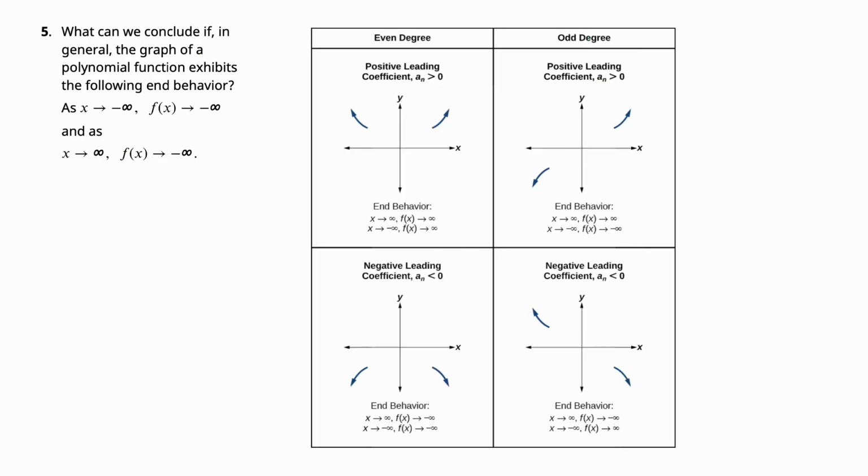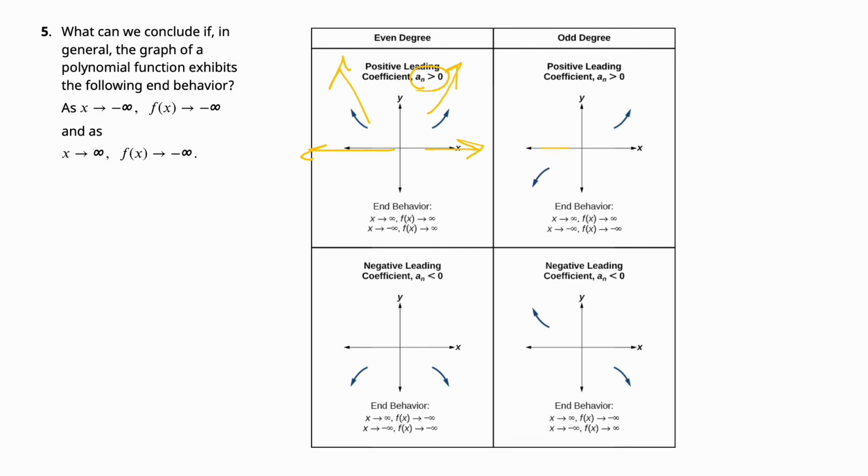What can we conclude if in general the graph of the function exhibits the following behavior as x goes to negative infinity and as x goes to positive infinity? For polynomials, or power functions really, with integer exponents, if both ends go up, we know the lead coefficient is positive, and we also know that the degree is even.